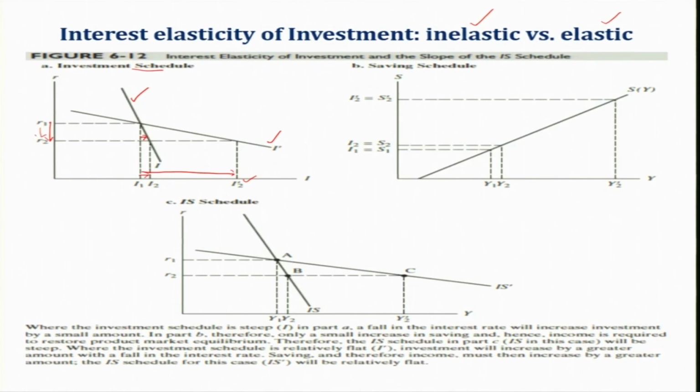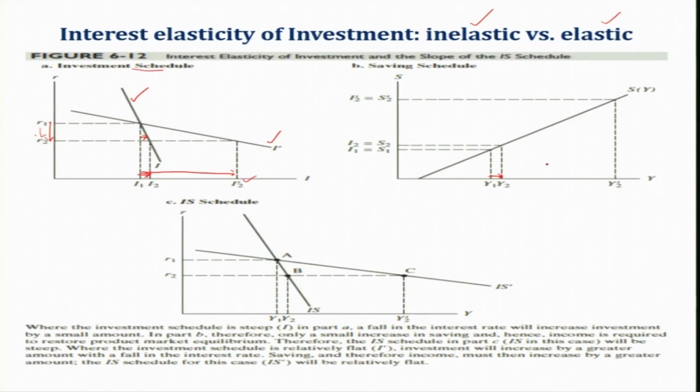So you can see that in the first case, when the interest elasticity of investment is inelastic, there was only a small increase in investment, so only a small increase in saving is required, and correspondingly a small increase in income is required.